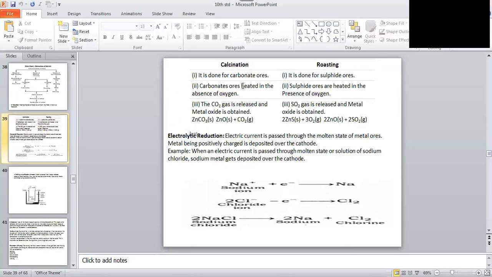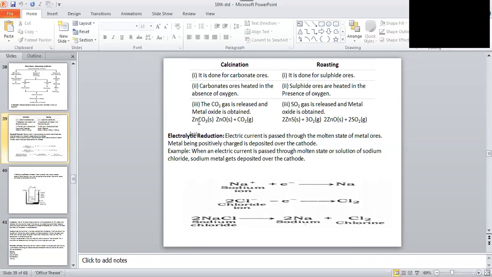Carbonate ore is heated in the absence of air, and sulfide ore is heated in the presence of air, presence of oxygen. Here carbon dioxide is released, and in roasting sulfur dioxide is released. Here in roasting we get metal oxide.